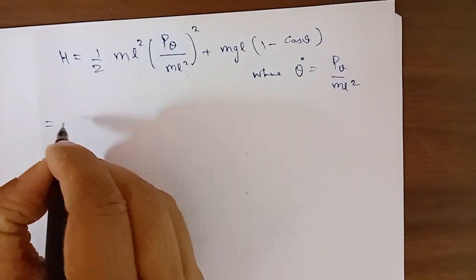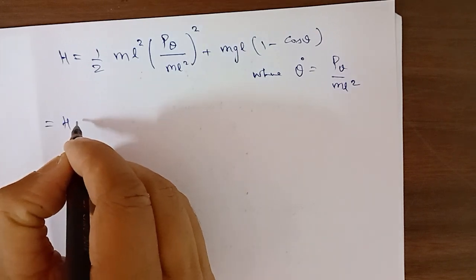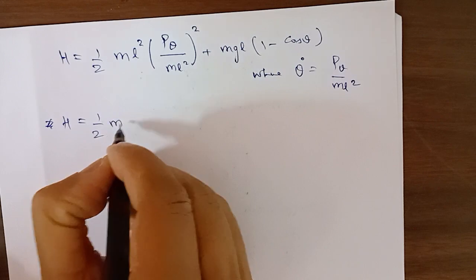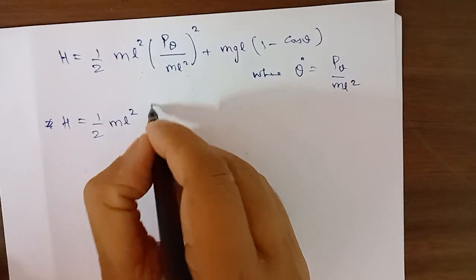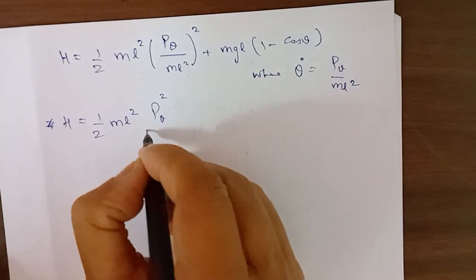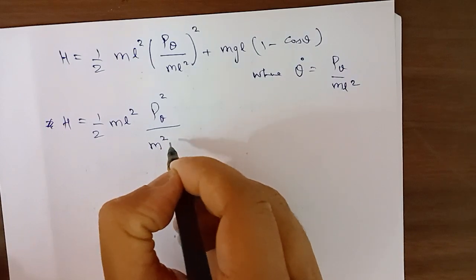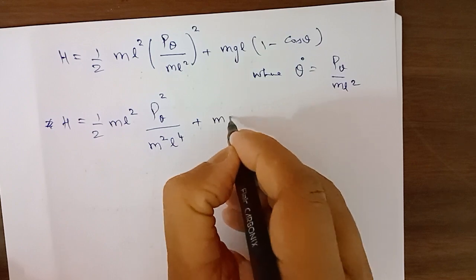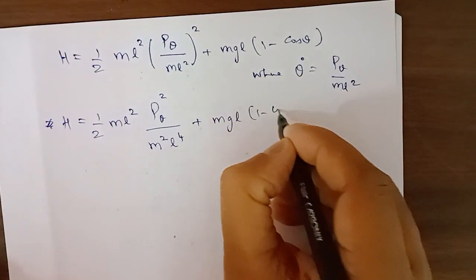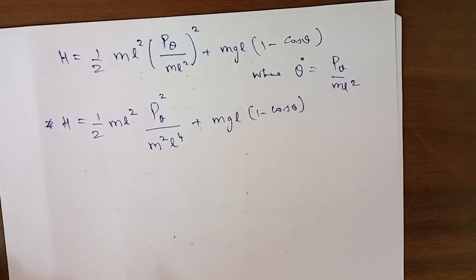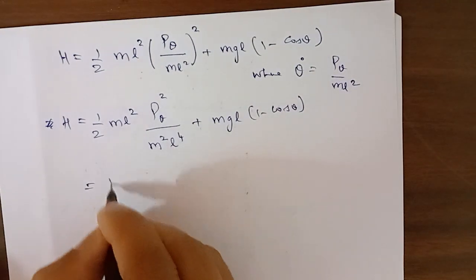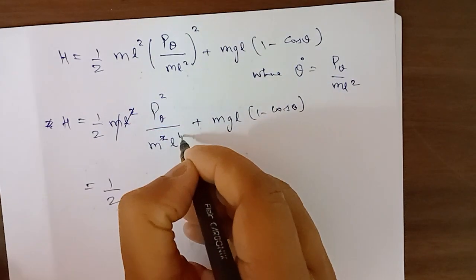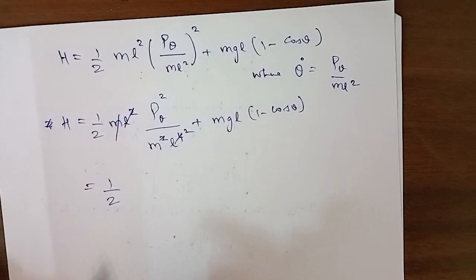Now H is equal to half ml square P theta square divided by m square L power 4 plus mgl into 1 minus cos theta. Now the m will cancel, and of the L square and L power 4, one L square remains.